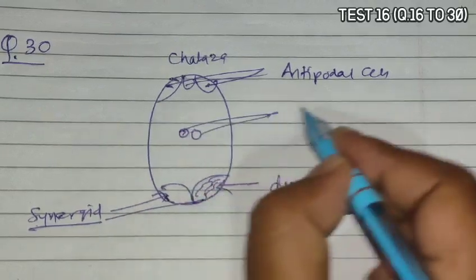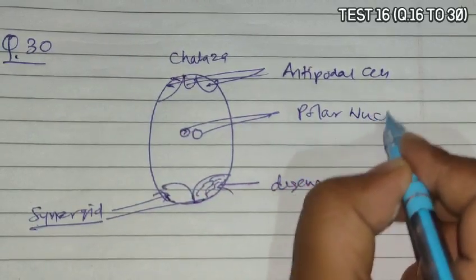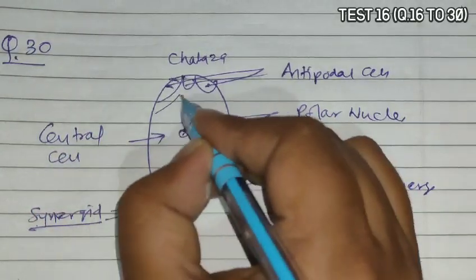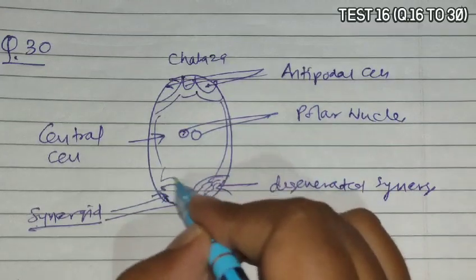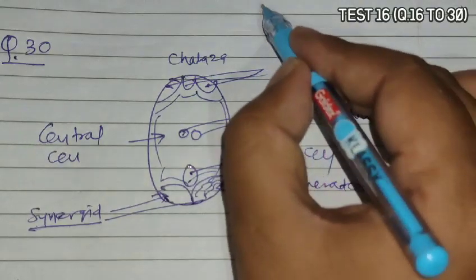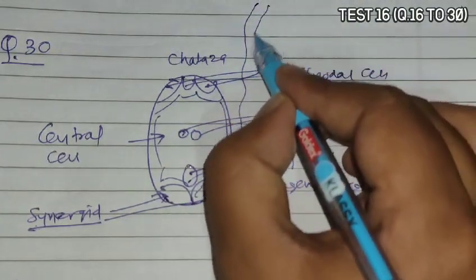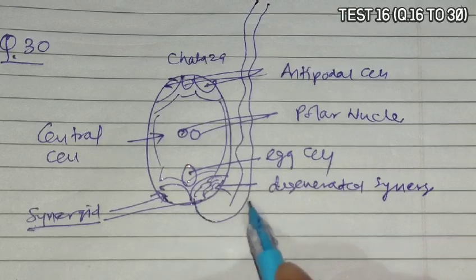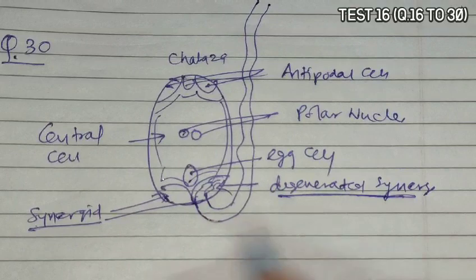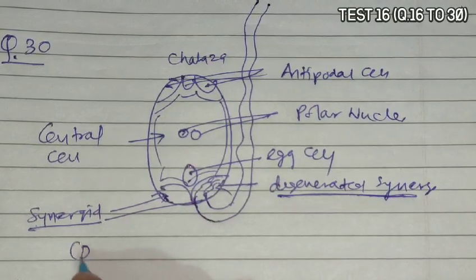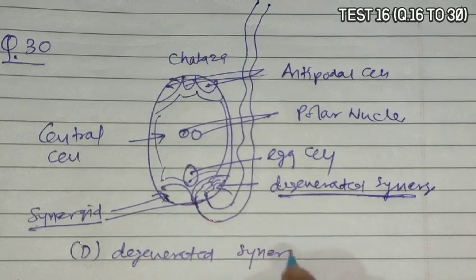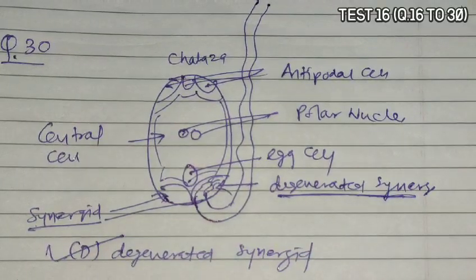They have 2 polar nuclei in the central cell, and here you will find the egg cell. Now the incoming pollen tube enters the embryo sac through the degenerated synergid. So the answer is option D, that is degenerated synergid. So D is the correct answer.